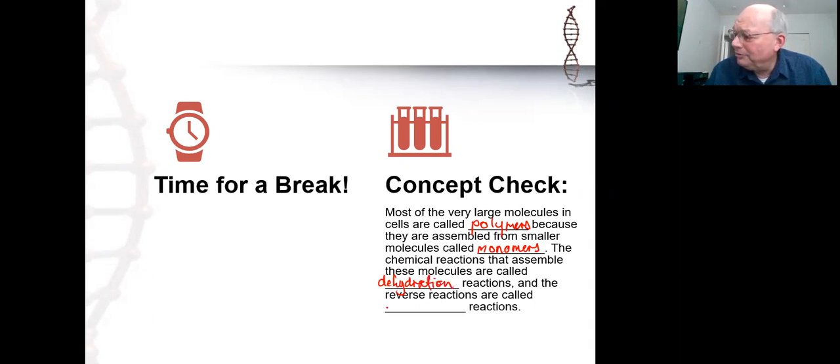And the reverse reactions are called hydrolysis reactions. So if those were the terms that you came up with, good. You have an understanding of that little section of the presentation. So onwards and upwards.